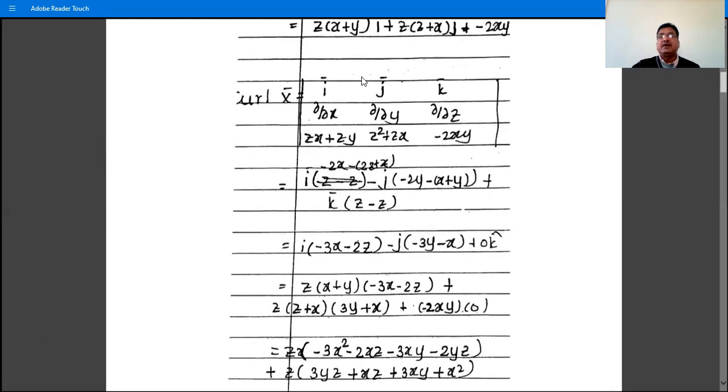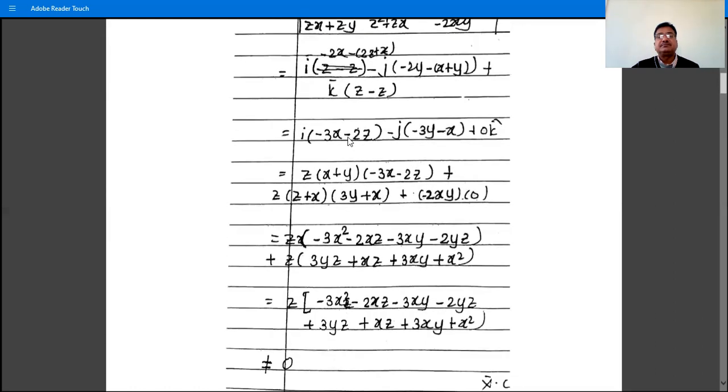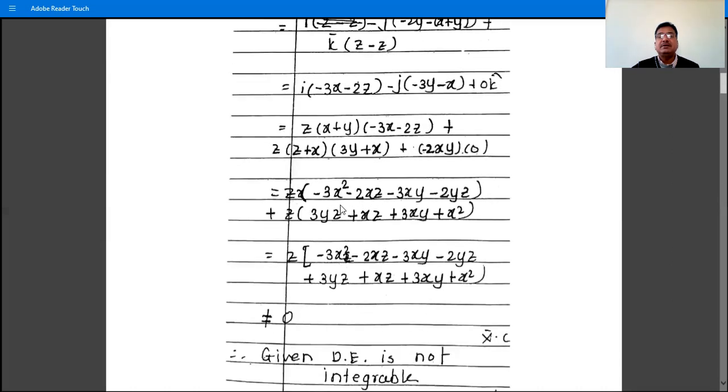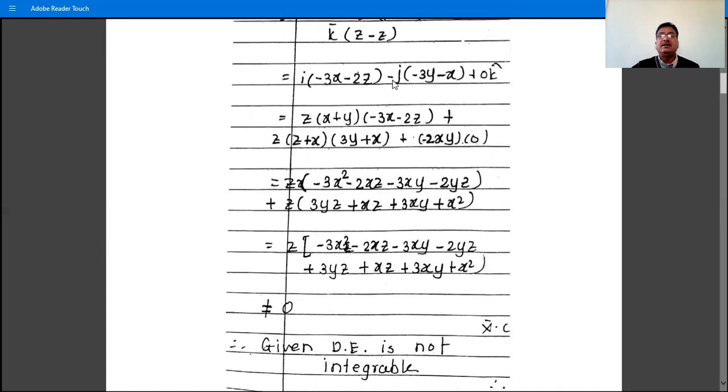Minus j, then minus j times (the derivative with respect to x of this quantity is −2y, and derivative with respect to z of this quantity is y), that is, x + y. So minus (x + y) j, plus k times (derivative with respect to x of this quantity is z, minus derivative with respect to y of this quantity is z), so z − z. After simplification, we have i times this, j times this, 0k.